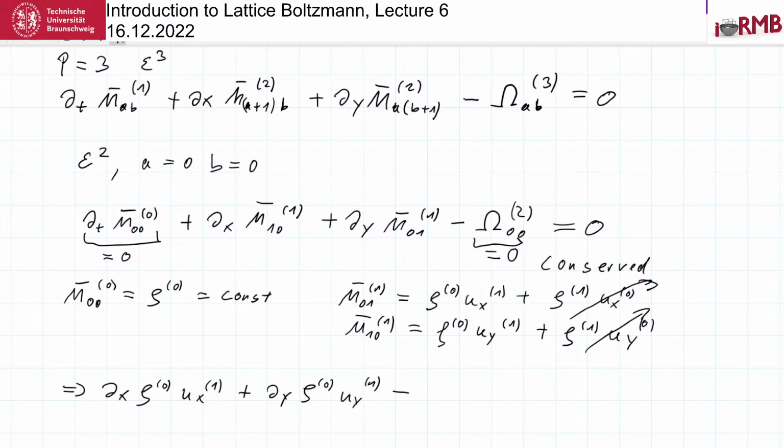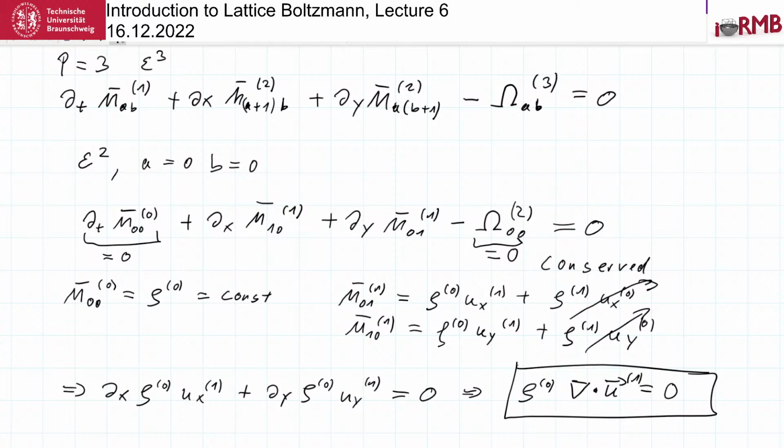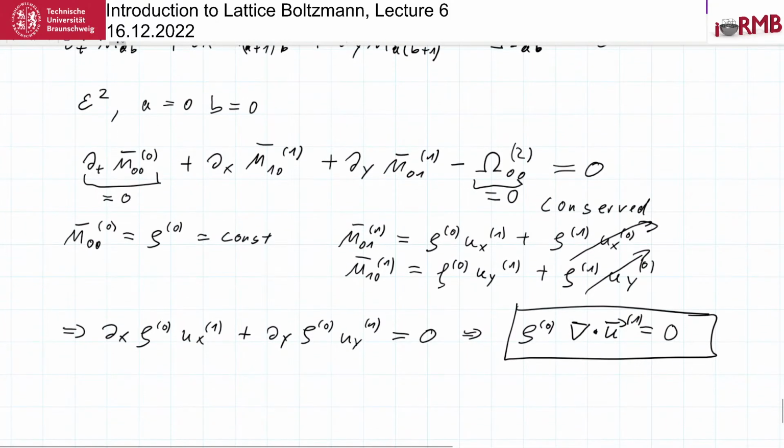So rho 0 is a constant, so we can put this in front and get to our first equation, which is now the first equivalent partial differential equation, which may be familiar to you. So this is, of course, the continuity equation. And this is derived by asymptotic analysis.